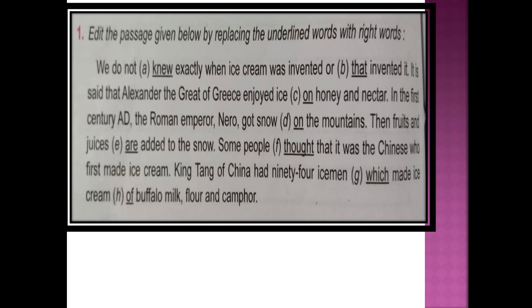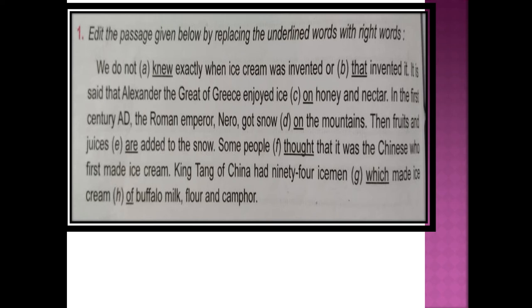We do not knew exactly when ice cream was invented or that invented it. It is said that Alexander the Great of Greece enjoyed ice on honey and nectar. In the 1st century AD, the Roman Emperor Nero got snow on the mountains.